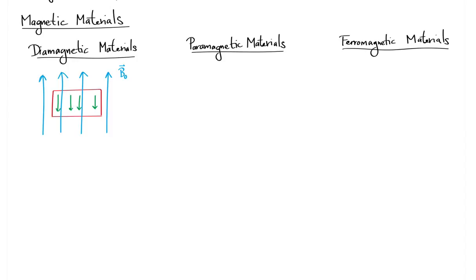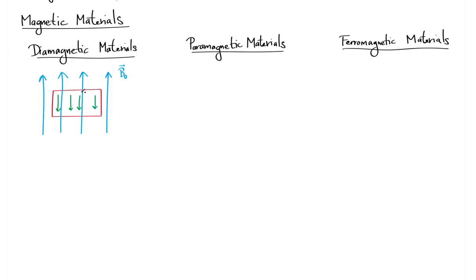And generally diamagnetism is, for most materials, quite weak. Okay? So the case of the diamagnetic materials is very much like what we had in the dielectric materials, right?